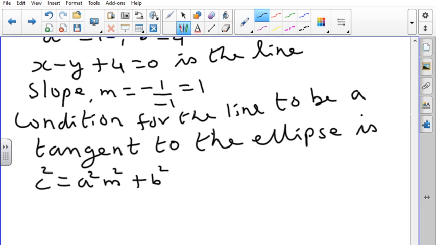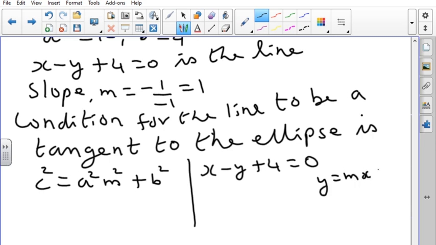So a we have, a square we have, m square we have, b square we have. What about c square? Compare this given line, x minus y plus 4 is equal to 0. So consider x minus y plus 4 is equal to 0. Bring it to the form y is equal to mx plus c. So bring to that form. So take minus y to the right hand side.